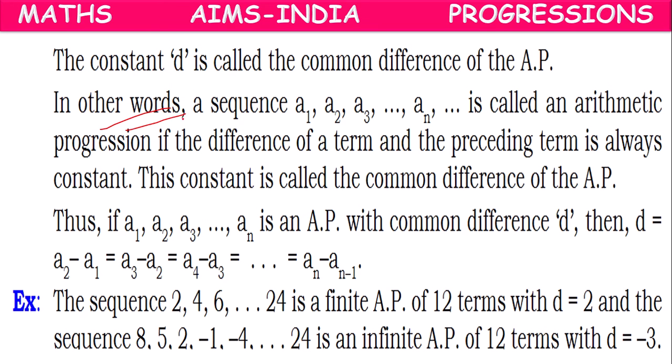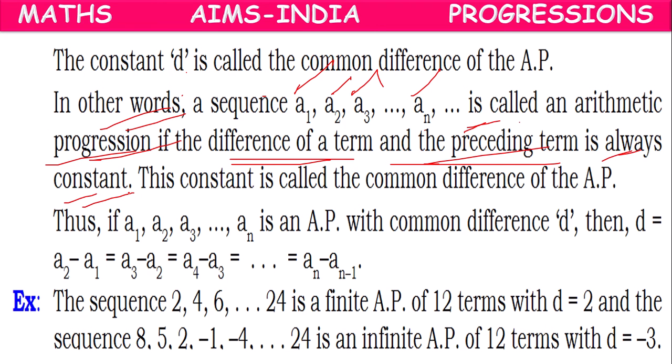In other words, a sequence A1, A2, A3, An is called an arithmetic progression if the difference of a term and the preceding term is always constant. If you take any term in the sequence, the difference between that term and its preceding term, if it is constant, is called D, and that sequence is called an arithmetic progression.